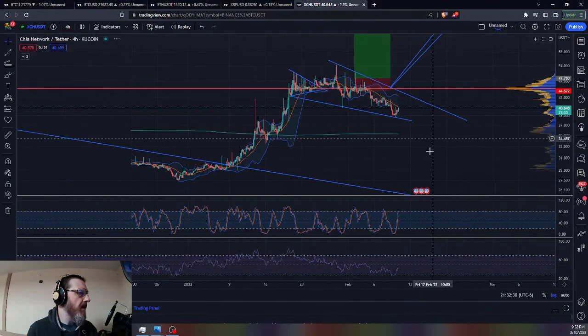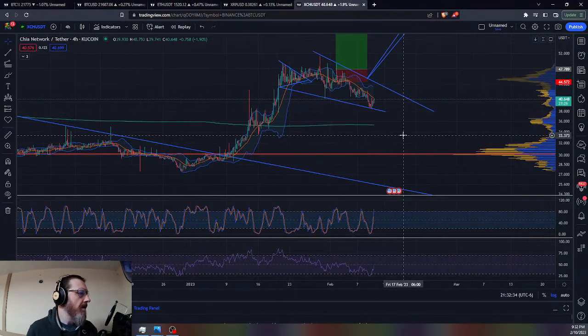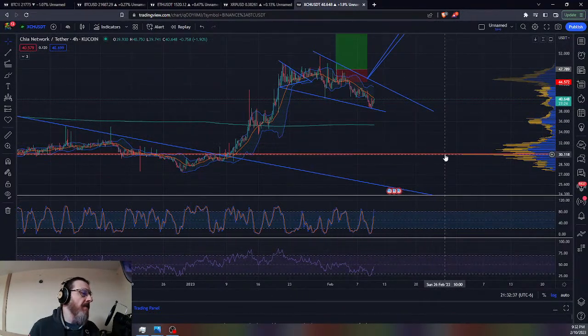So as we swing out on this 4 hour for Chia, we're seeing the same thing happen here, where we see the VRVP want to gravitate to this much lower node. I'm not sure we're going to get back down there, but we do have this 200 daily moving average, which is around $35, and this point of control, which is down around 30.